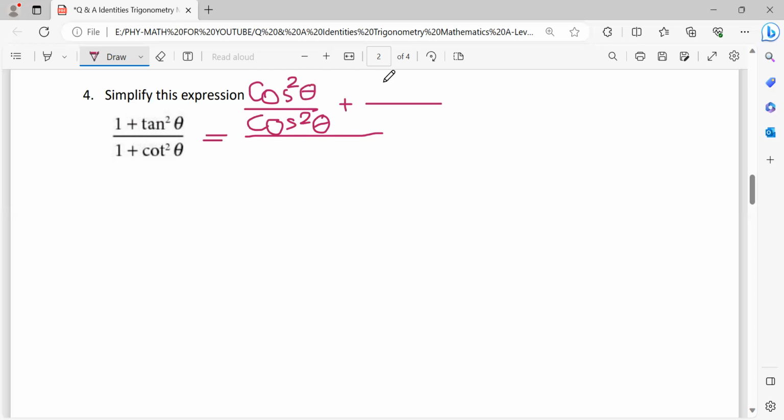Tangent is sine over cosine, and then as well 1, because cotangent means sine theta squared over sine theta squared.